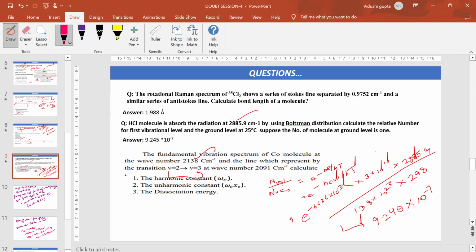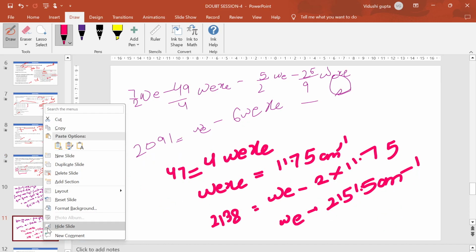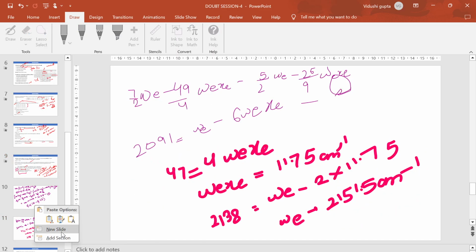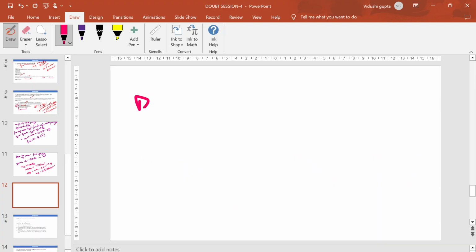So we have calculated the harmonic constant and the anharmonic constant. But how can we calculate the dissociation energy, DE?